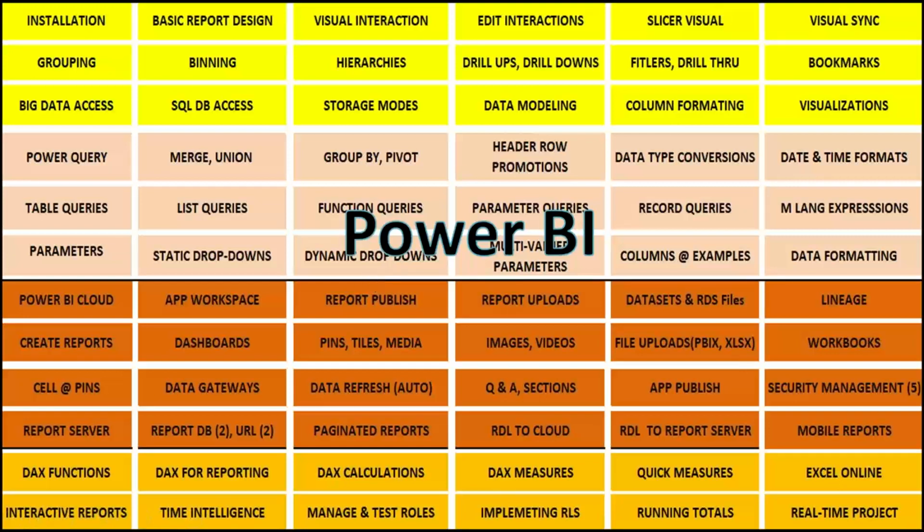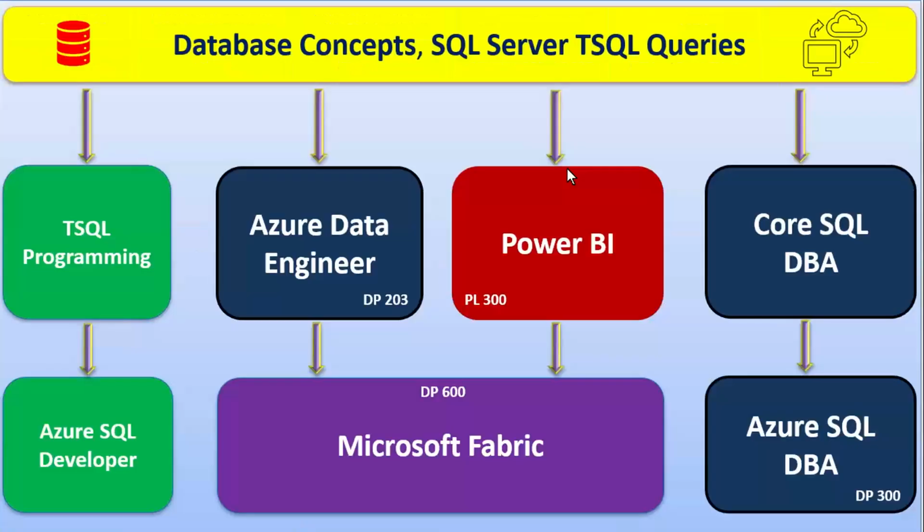Power Query is for data extraction and orchestration, DAX is for computations, and cloud and report server are for hosting activities. So I mean to say things are straight and complete. Let's enjoy it carefully, step by step. I need your support.